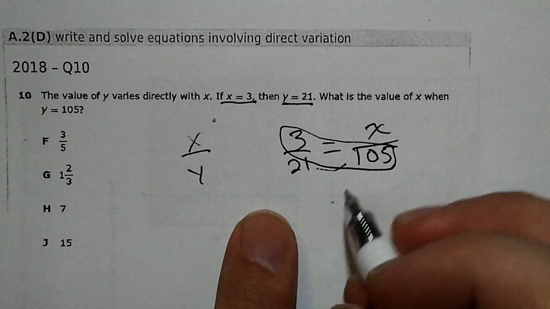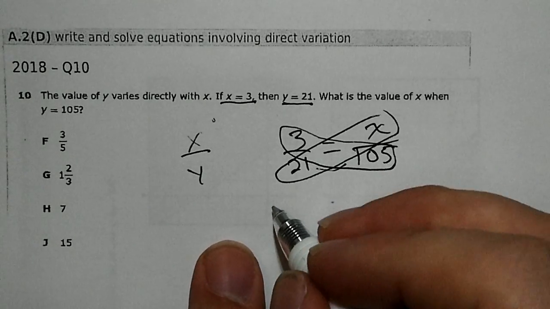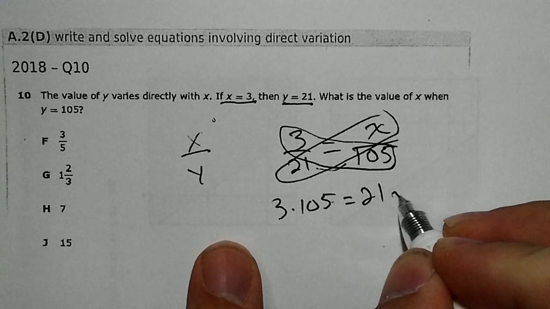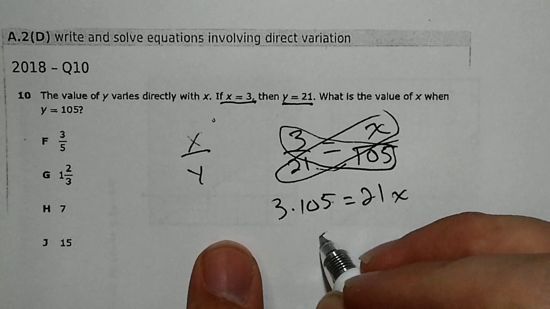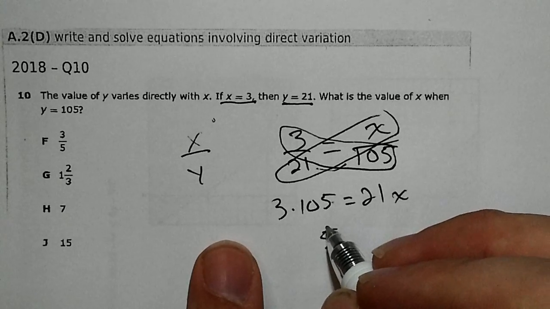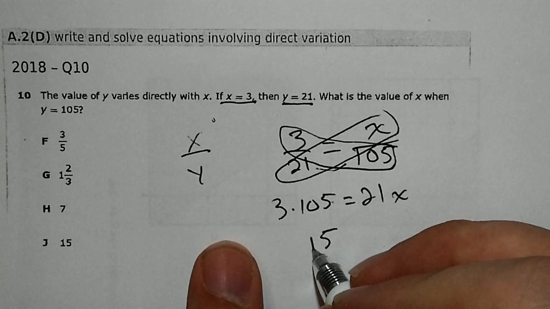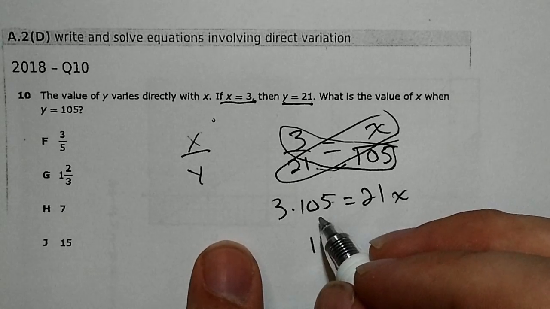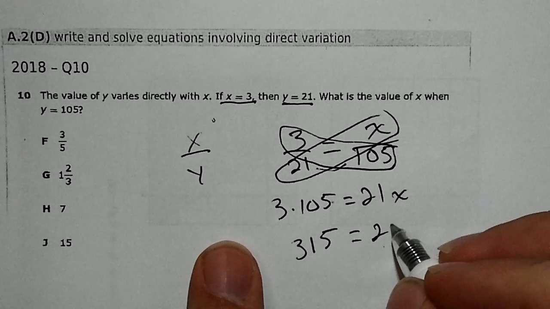So 3 times 105 and 21 times x. And 3 times 105, that's 315, so 315 equals 21x.